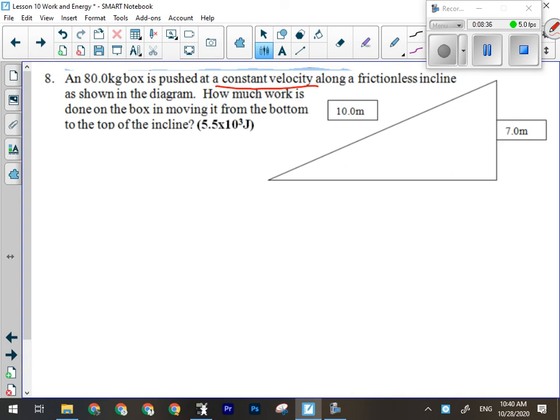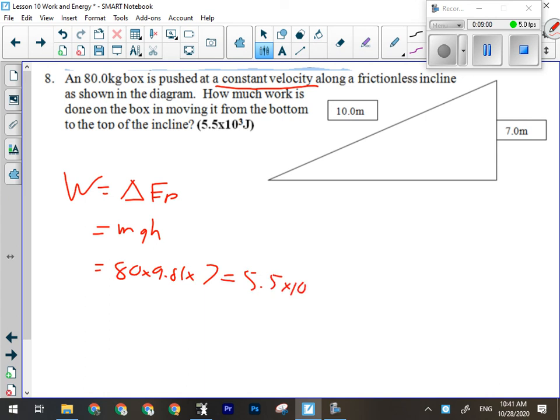Kinetic. The only change here is the potential energy from the bottom of the ramp to the top of the ramp. So if I want to calculate the amount of work done, it's just going to be the change in the potential energy, which for this question is mgh, so that is 80 kilograms times 9.81 times 7 meters. And we get 5.5 times 10 to the 3 joules.